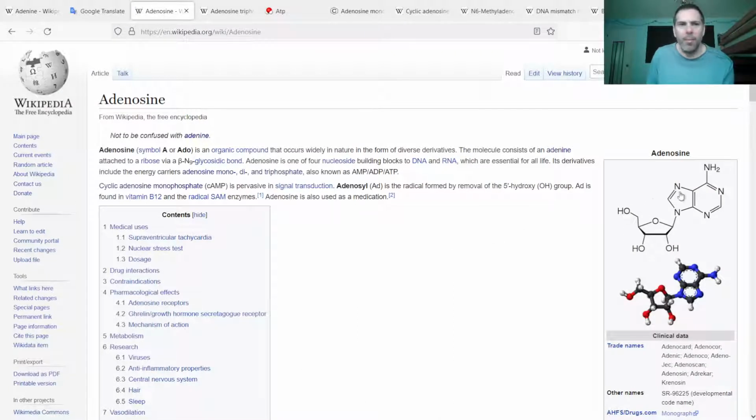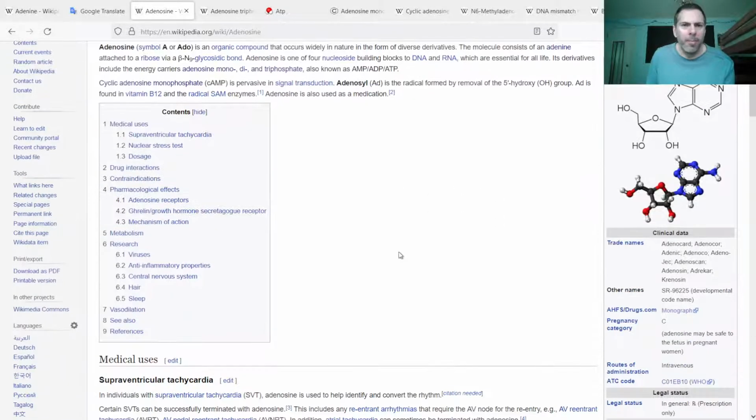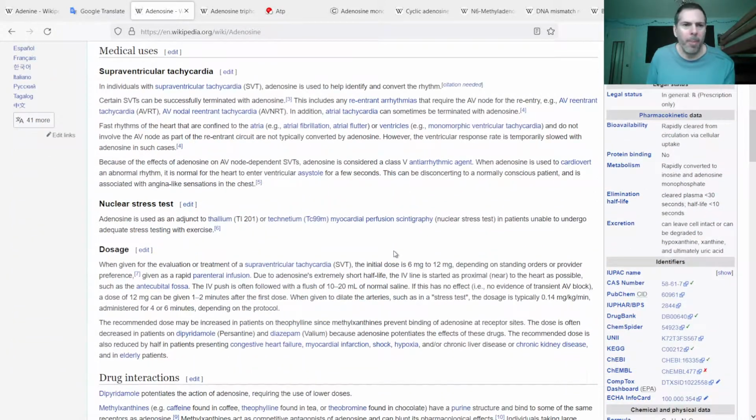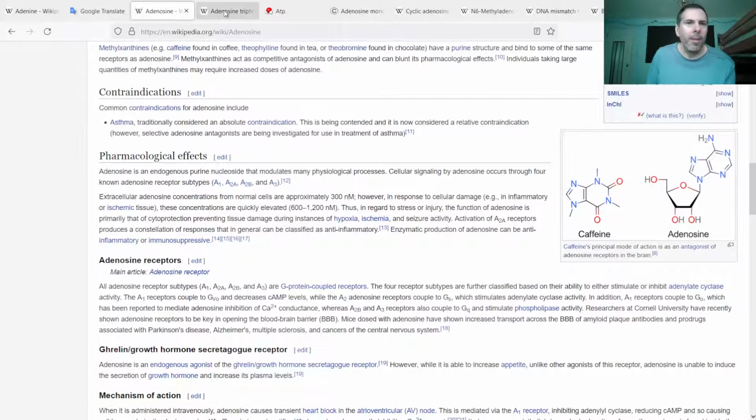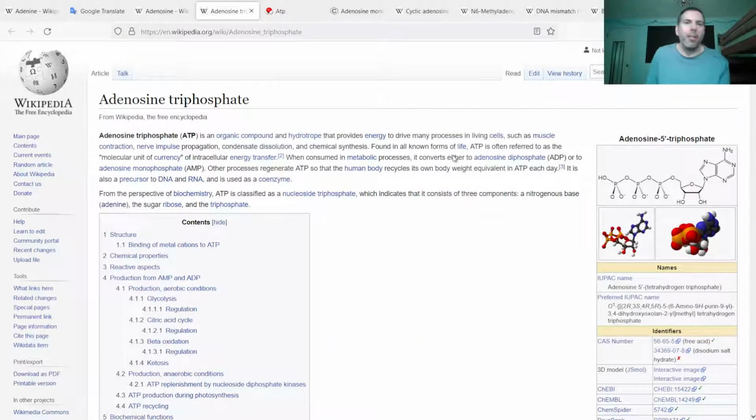So here's adenosine, the nucleoside, with the ribose sugar here. And then here's adenosine triphosphate, so it's the nucleoside with 3 phosphate ions on it.